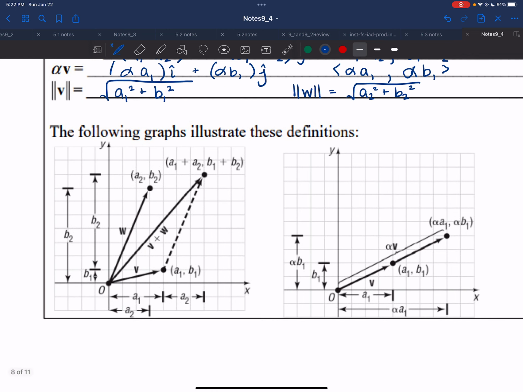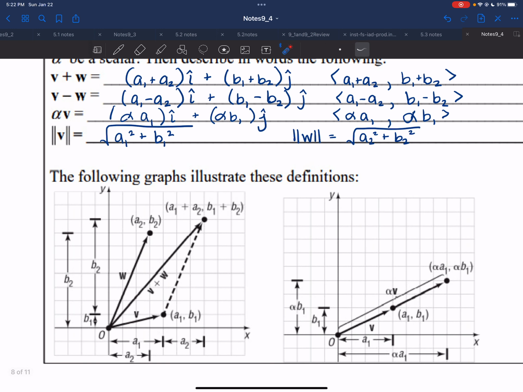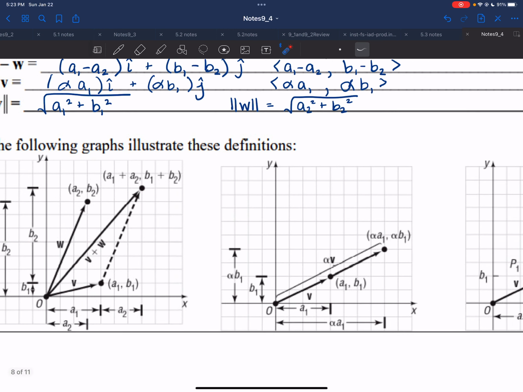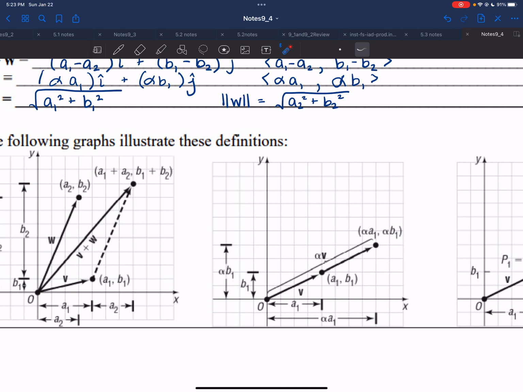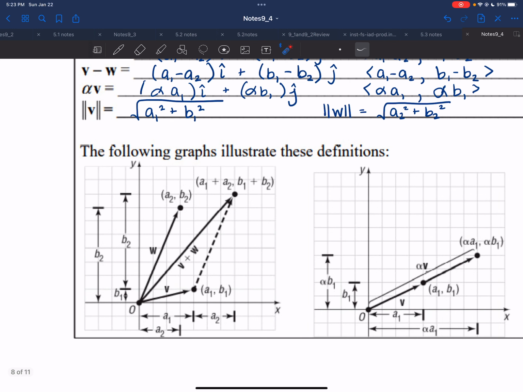All right, so the following graphs illustrate these definitions. Okay, so we have a1 and a2. If we add them together, then the x component of the resultant is going to be the same value as them added together. If I take b1 and b2 and add those together, it's going to be the same as the b value of my resultant vector. If I do a subtraction, which, let's see here, w and v, that's plus.